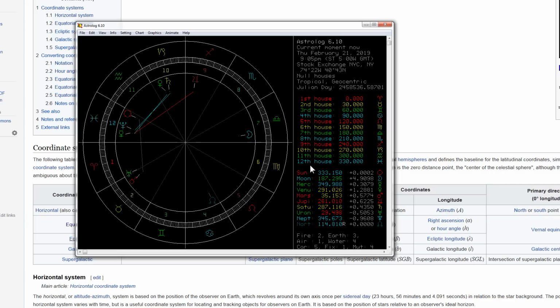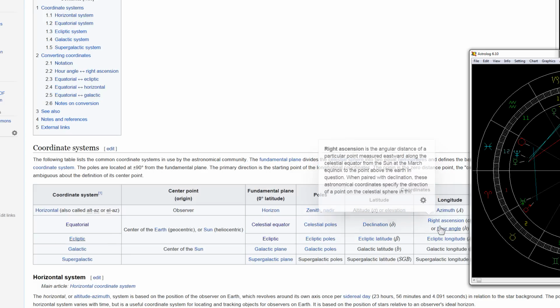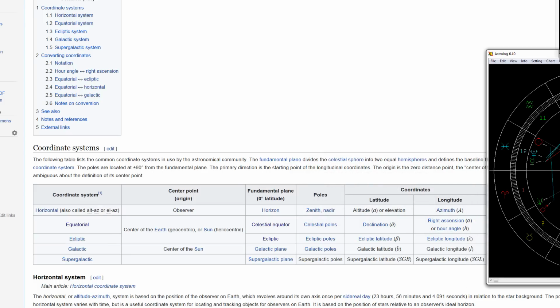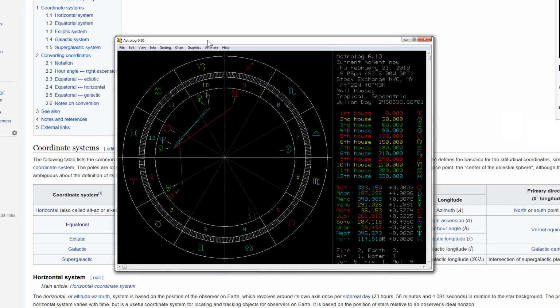We measure the equatorial system with right ascension. We don't use degrees of longitude, we use hours of right ascension, or hours of angle. And that actually looks like this.